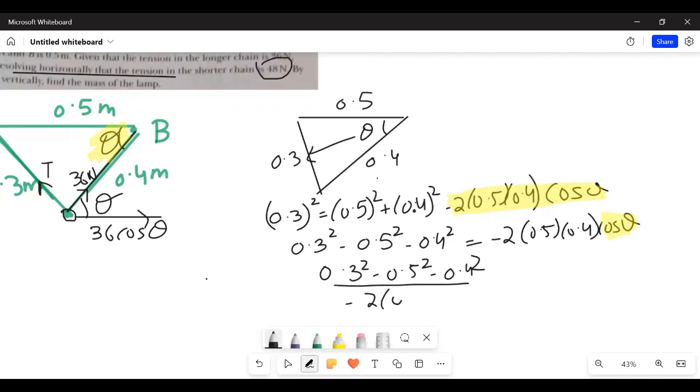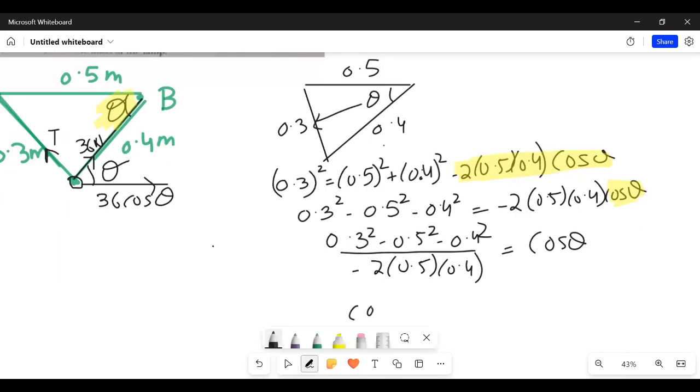So minus 2 times 0.4 times 0.5 equals cos theta. And then you take cos inverse. Okay, what do we get when we take cos inverse of this?